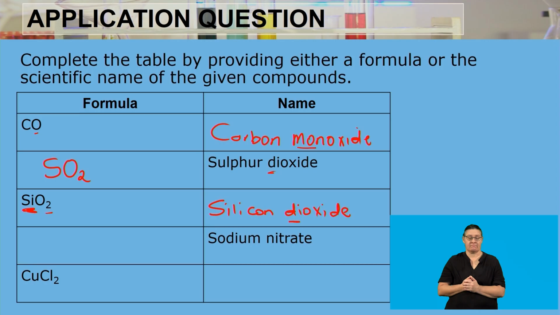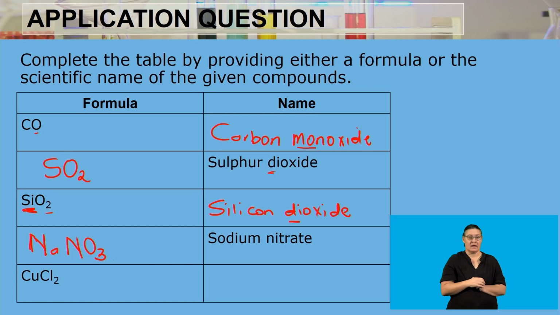Then what we have here is sodium nitrate. Sodium is written as Na. The nitrate is going to be NO3. So it's NaNO3, our sodium nitrate compound. Then the last one, CuCl2. Our first one is our metal, copper.